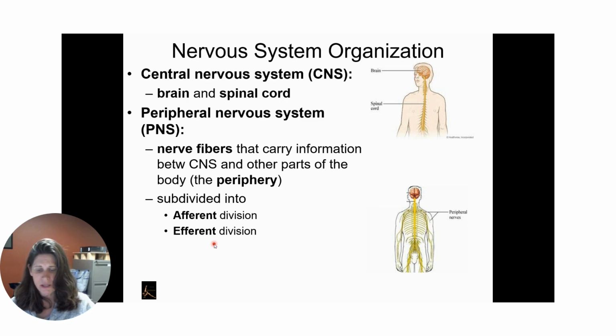So efferent carries information away from the central nervous system and sends it to effector organs. You've heard that word before, effector organs. Okay. So some of the examples we've seen already, we talked about homeostasis, and we talked about a sensor that may be able to determine the blood pressure going through your blood vessels.